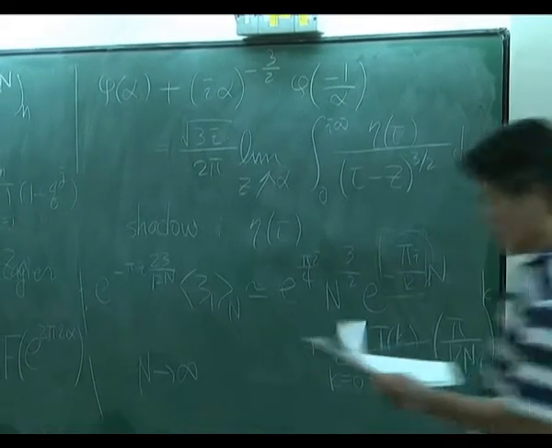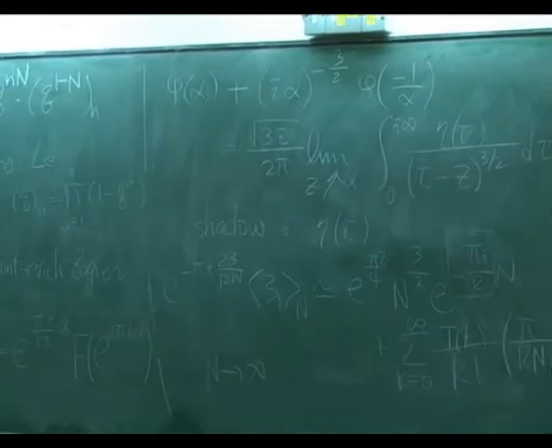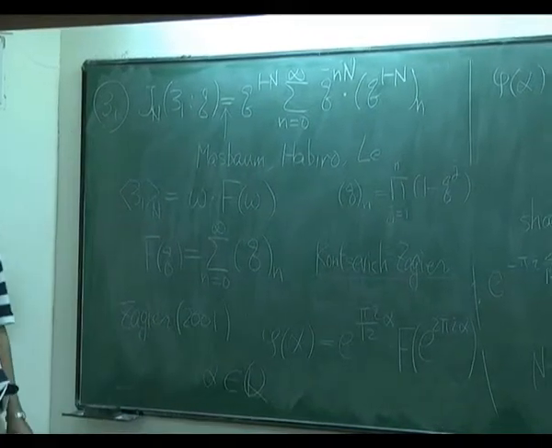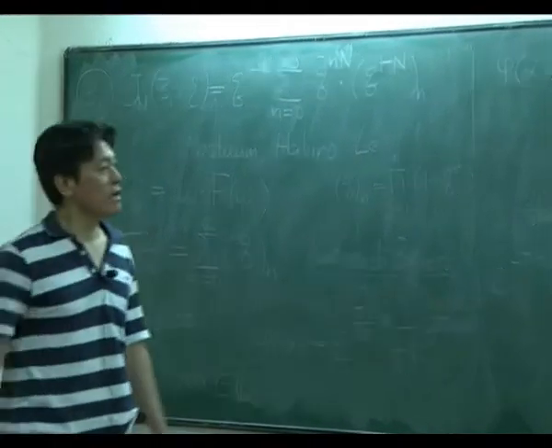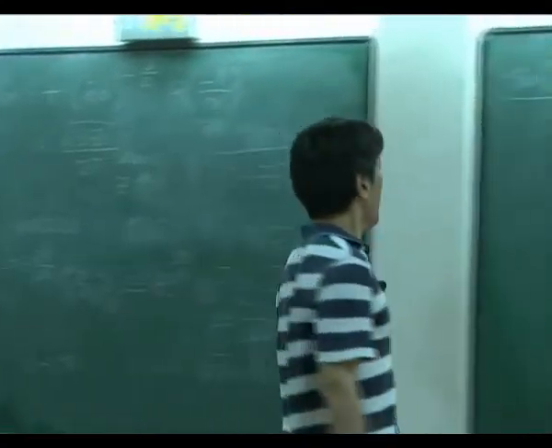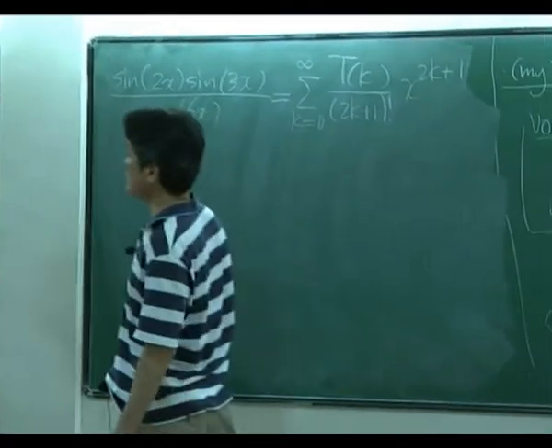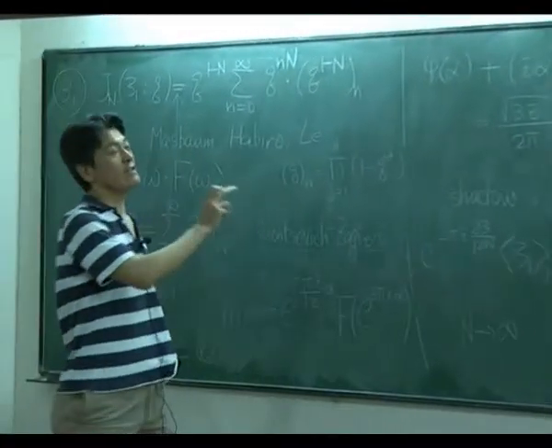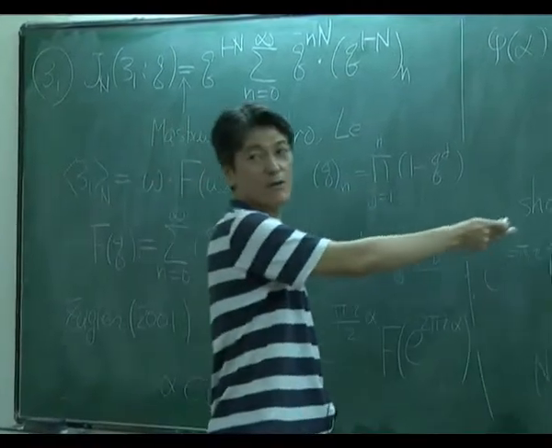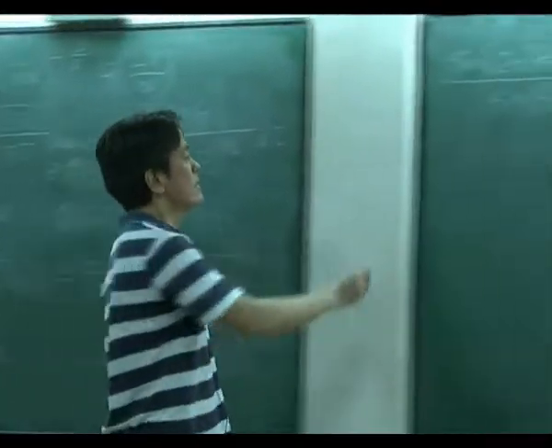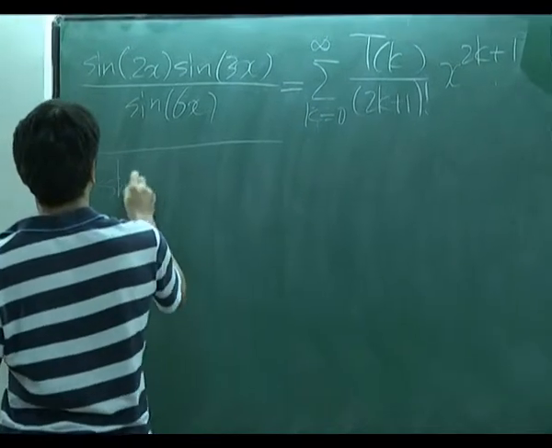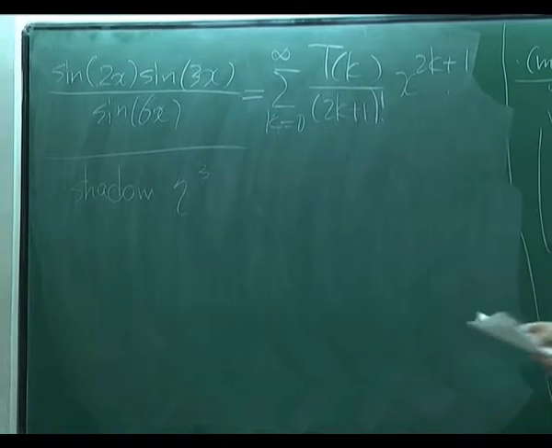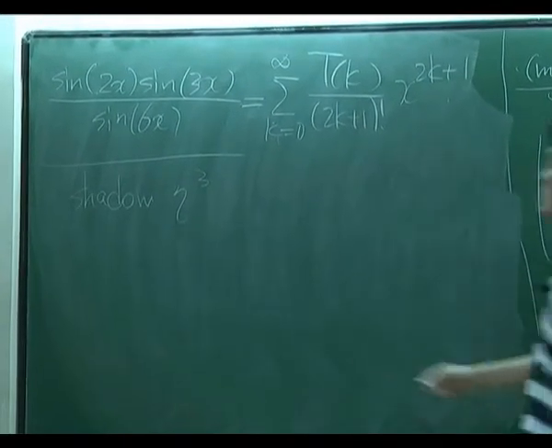Okay, so my original motivation was to generalize this Kontsevich-Zagier series. And from the viewpoint of this conference, I think we have interest in quantum invariants, quantum modular forms, which have a shadow of eta cubed.